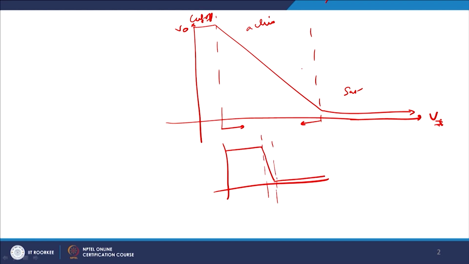So the gain which you get is that your cutoff region is now very large and your saturation region is also very large, because if you remember, this point is plus VCC. Output will be approximately plus VCC if your input is equal to 0. So when Vi equals 0, Vout will be equal to plus VCC, and that is what is written here.